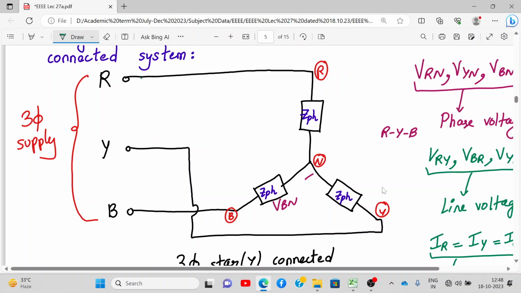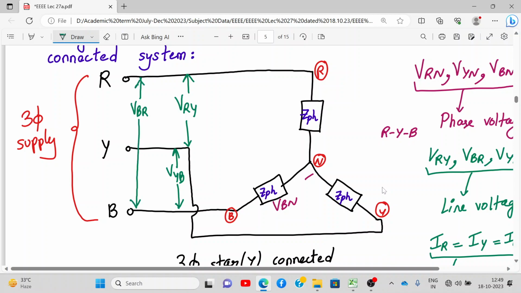See, from here to here, between the lines R and Y, what is the voltage? VRY. And what was the definition of a line voltage? Voltage between any two terminals or lines is called a line voltage. So VRY is a line voltage. Then next VYB is the line voltage, and then next VBR is my line voltage.